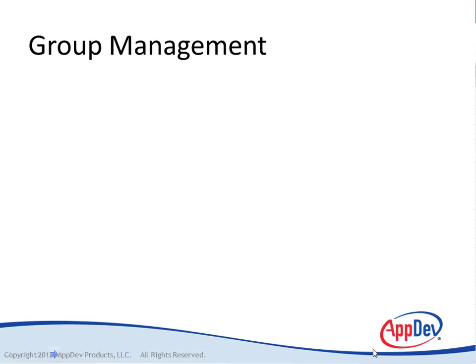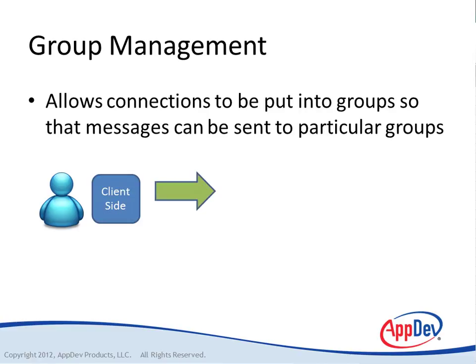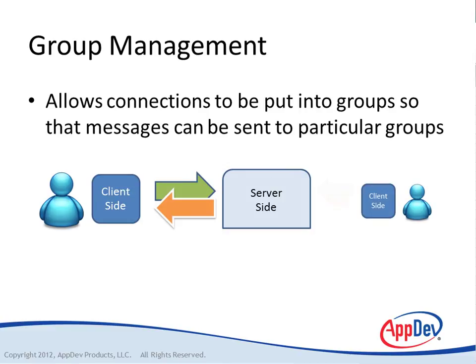The next thing we're going to look at is group management. This allows connections to be put into groups so that messages can be sent to particular groups. For example, here we have a user with the client side making a request to the server. Server churns it, hands it back to the client side. Then we have another user also doing the same thing, interacting with the server.